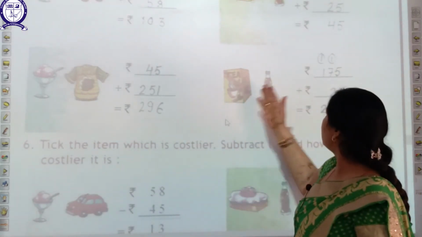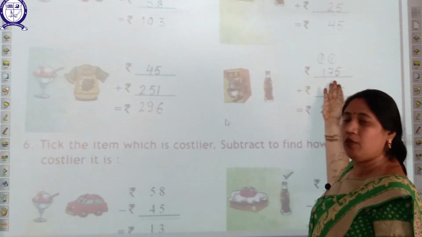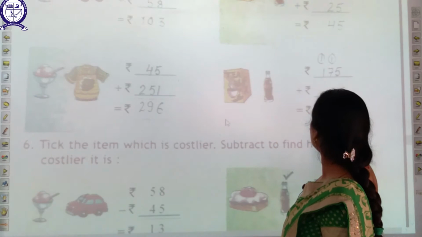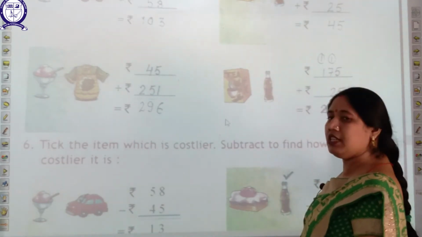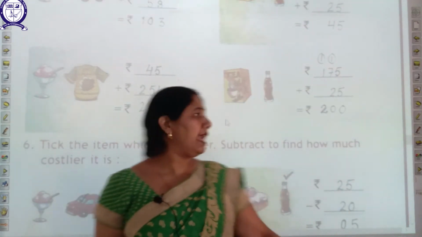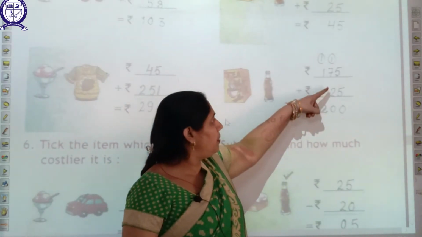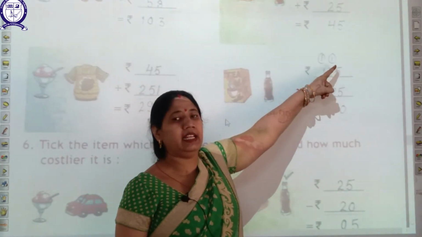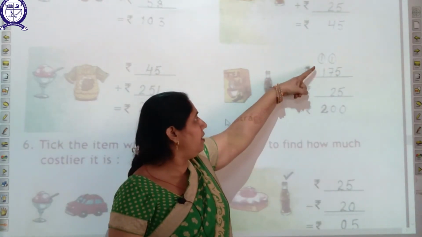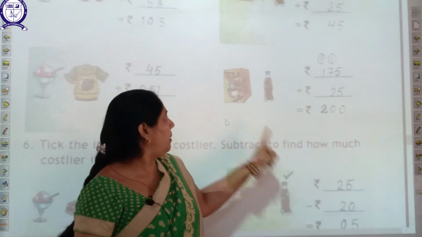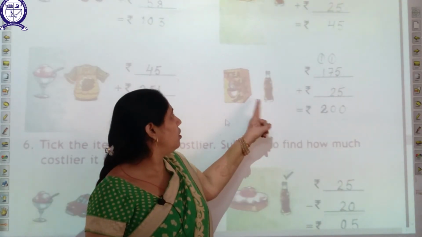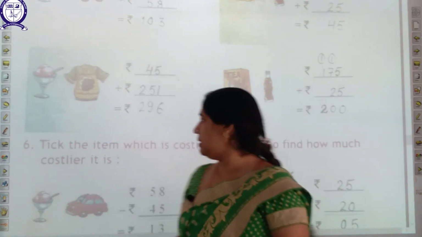The tea packet costs 175 rupees and the cola costs 25. 5 plus 5, 0, carry 1, 7 plus 2, 9 plus carry 10, 0, carry 1, 1 plus 1, 2. So the total cost is 200 rupees.